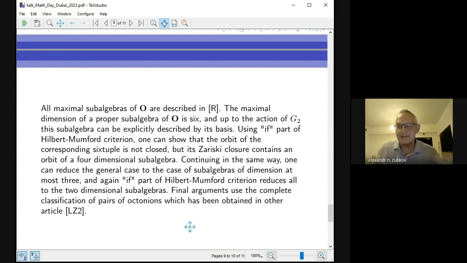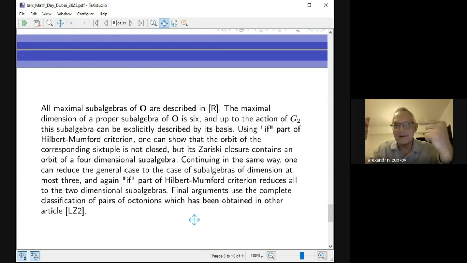Right? And when you get it, this case can be split into 2 subcases. And really, the case of the subalgebra of dimension 3 also can be managed. I'm not going into details here, but one way or another, using this trick with the Hilbert-Mumford criterion and also other combinatorial arguments, we can reduce the general case to the case of a couple of octonions.